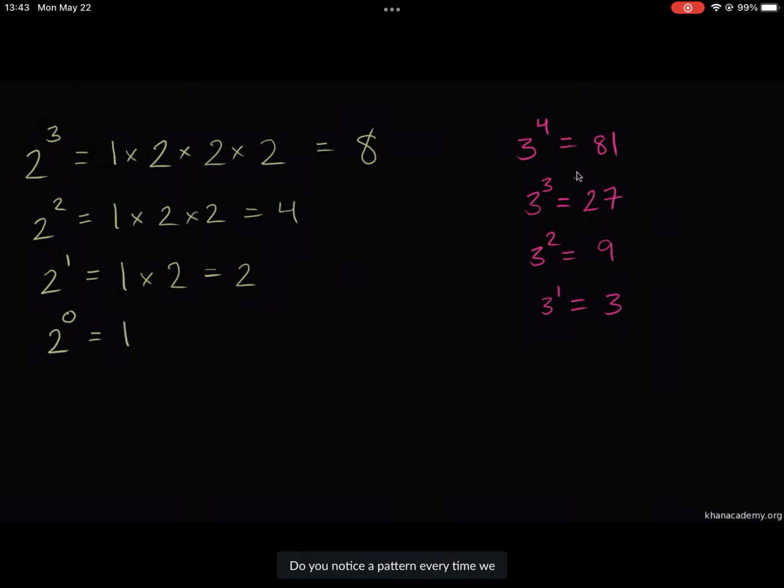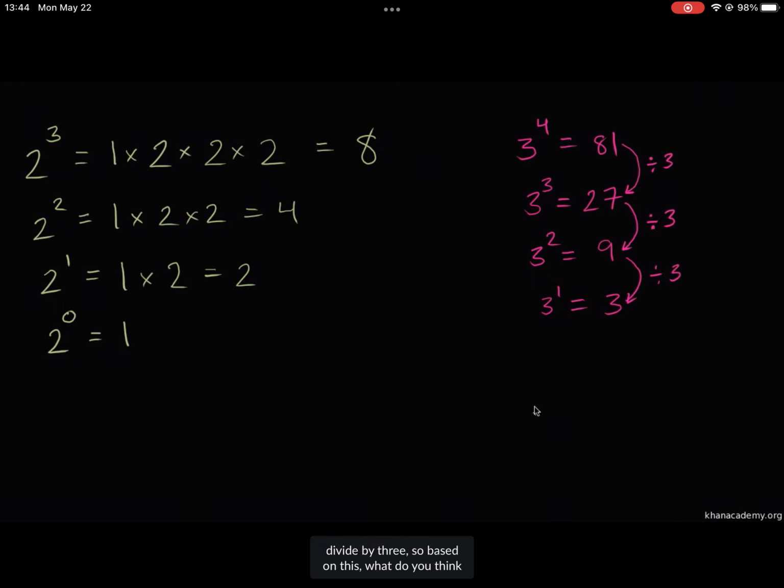Do you notice a pattern? Every time we decrease the exponent by 1, we went from 3 to the 4th to 3 to the 3rd. What happened to the value? Going from 81 to 27, we divided by 3. And that makes sense because we're multiplying by one less 3. We divide by 3 again if our exponent goes down by 1, and we divide by 3 again when we go from 9 to 3.